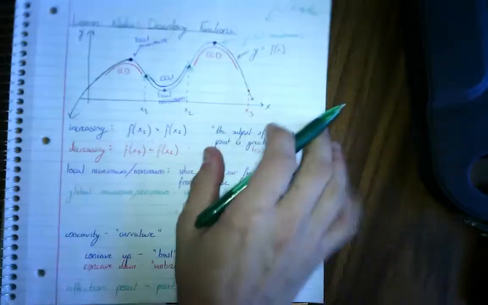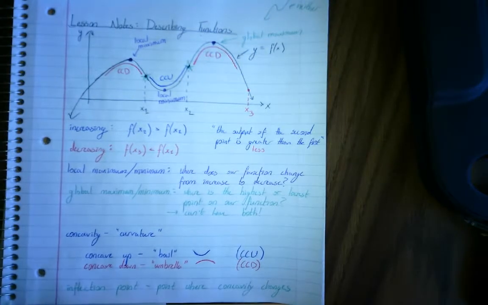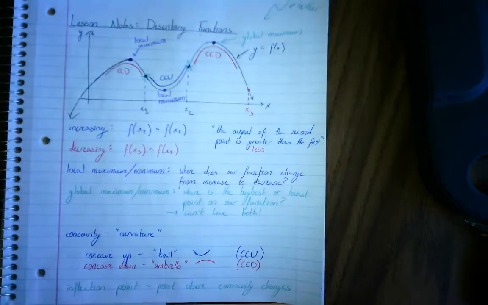So this has a lot of great analogs to a lot of physical phenomena. We can talk about speeding up and slowing down in terms of acceleration. We can also talk about it in terms of other applications of physics that you might have actually talked about last year. But I'm going to leave it at this.